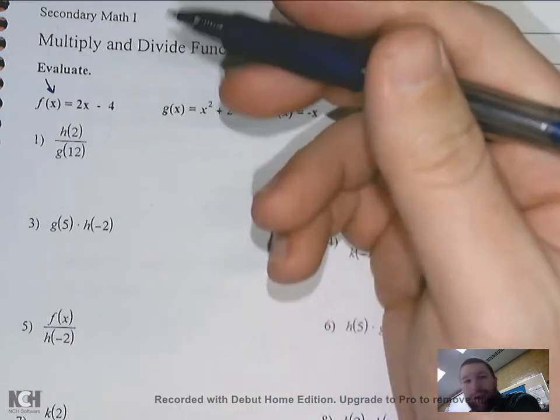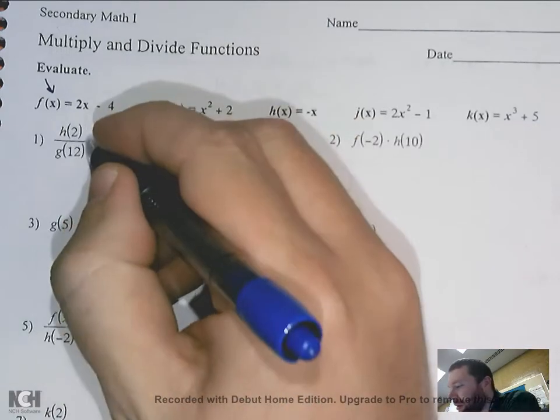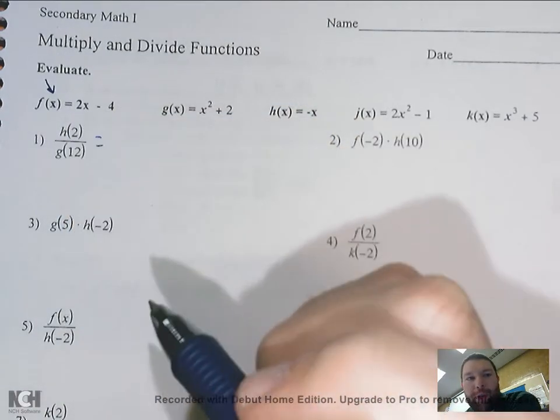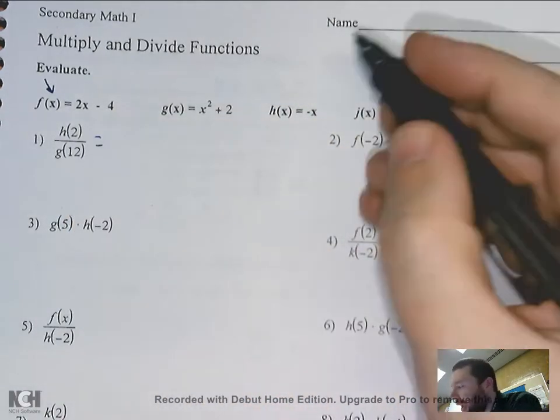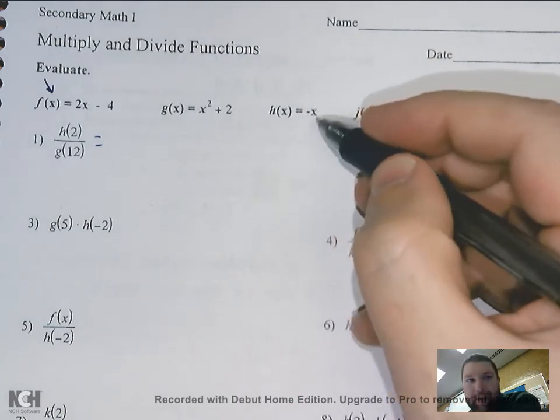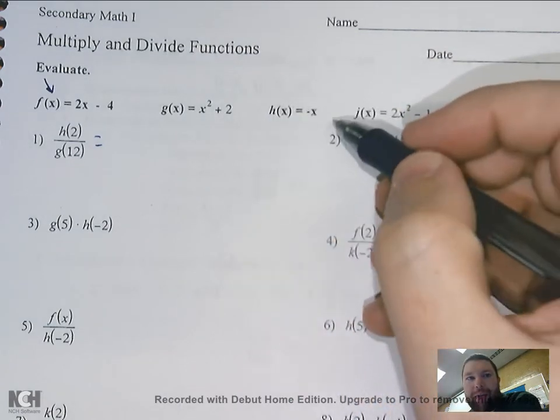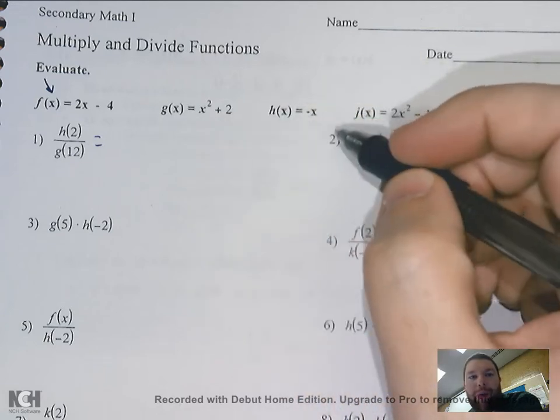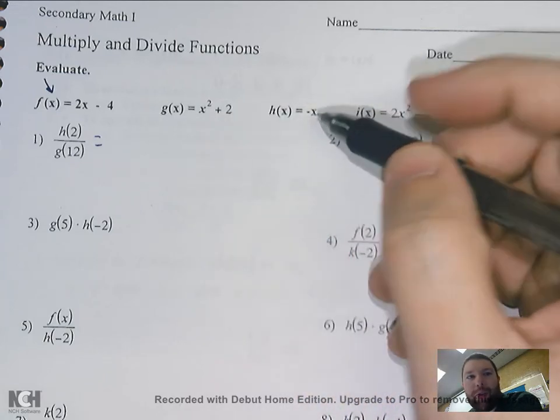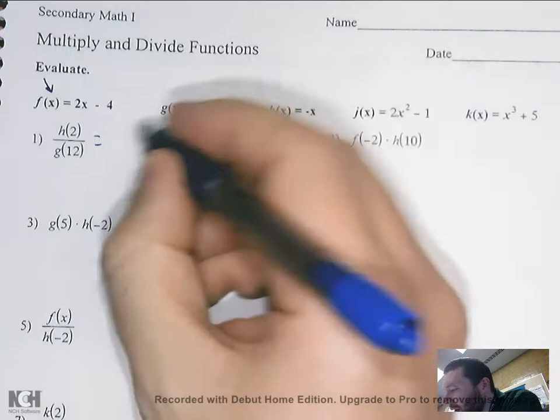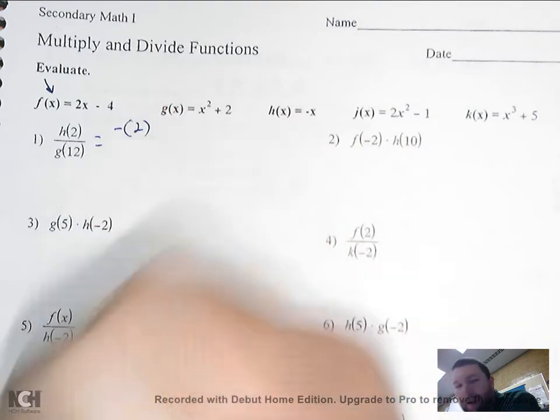So for example, let's look at number 1. So number 1 has h of 2 on the top of a fraction. The h equation's right here, negative x. So h of x is negative x, but h of 2, I would replace that x with a 2. So it would be a negative and then my input.